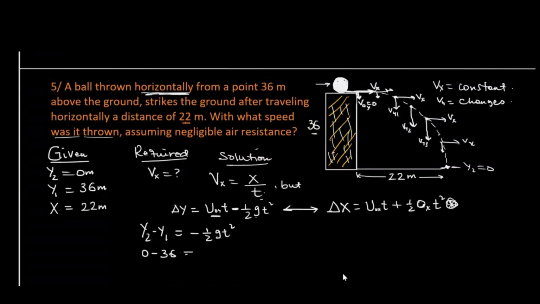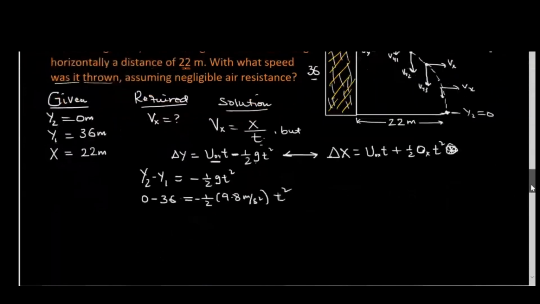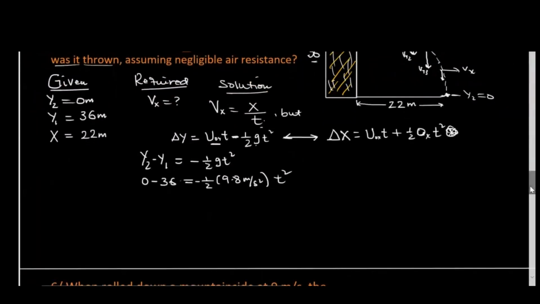So 36 is equal to negative half of 9.8 meters per second squared, which is g, times t squared. If I multiply both sides by negative, this negative goes to positive: 0 minus 36 is negative, so I can cancel these two negatives from both sides.